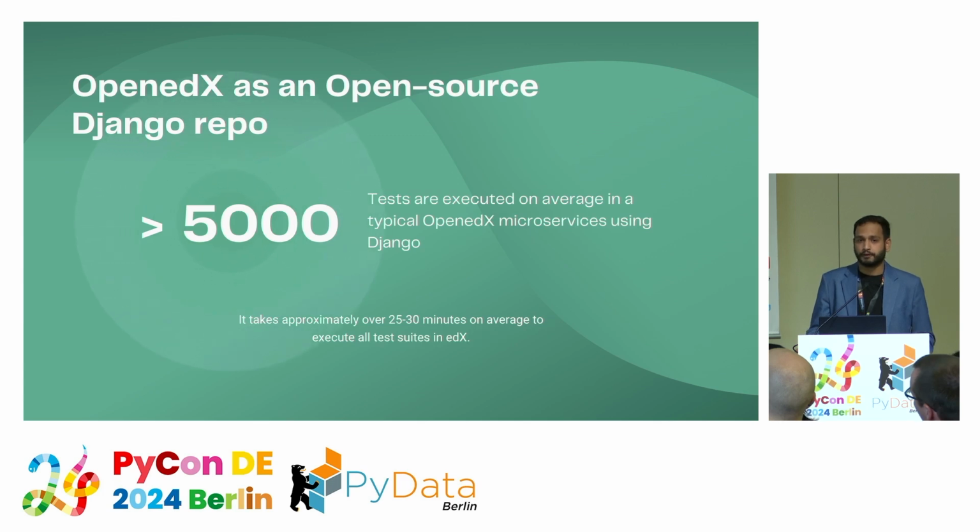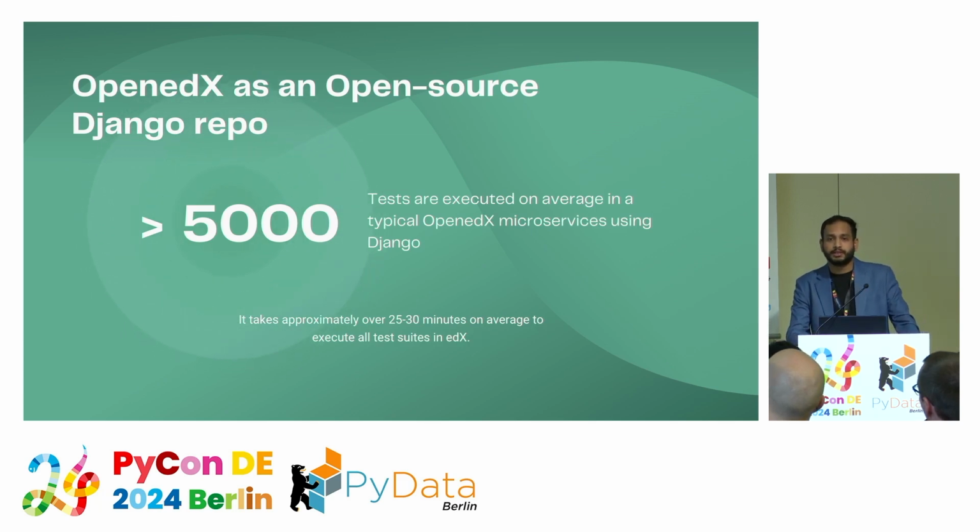So if you're working with a monolith, this is a big challenge. And in Agoda, it used to cost about $190 per minute as an engineering cost. So if some tests take 30 minutes, you have to multiply 190 by 30, and that's your average cost of running one pipeline.